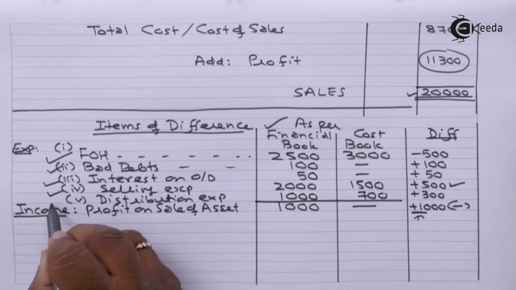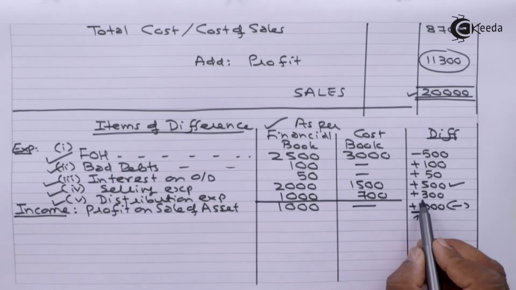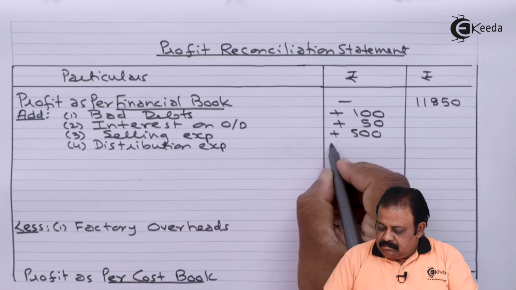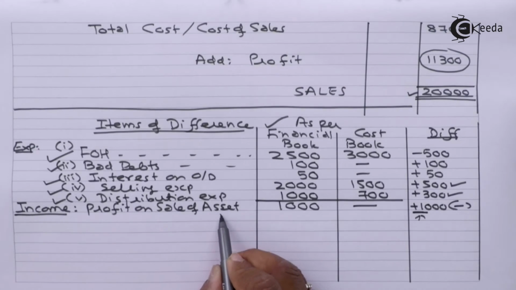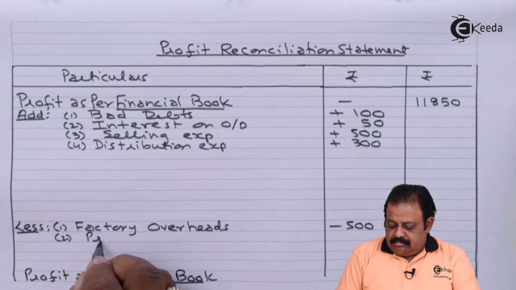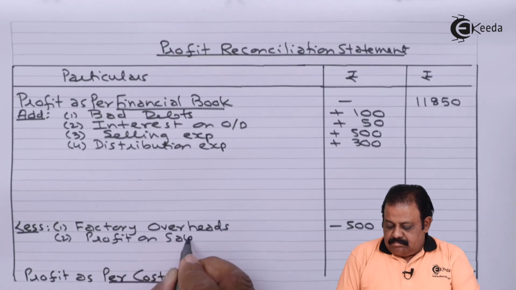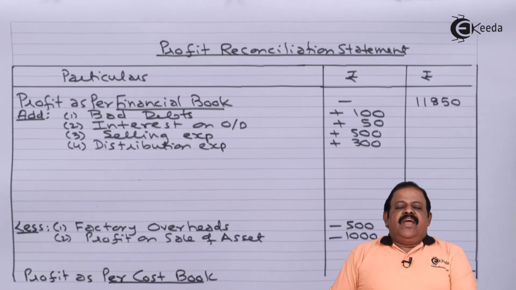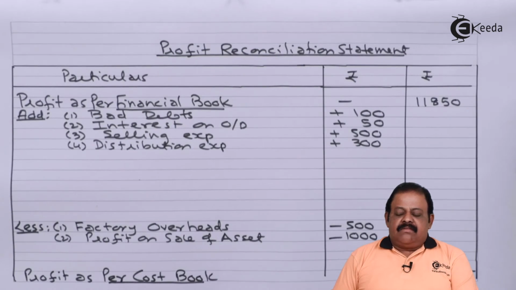Distribution expenses plus 300. Profit on sale of asset minus 1000. So we have recorded all the items which are responsible for difference in profit.